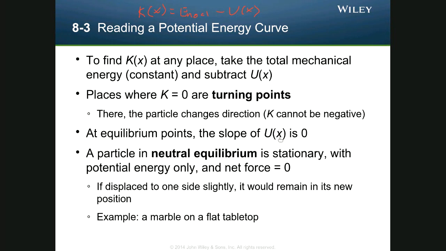So these are places where a particle can be placed and be in an equilibrium position, right? It'll just stay there. So a particle in neutral equilibrium is stationary with a potential energy only and a net force equal to 0. So if it's displaced to one side slightly, it would remain in its new position.